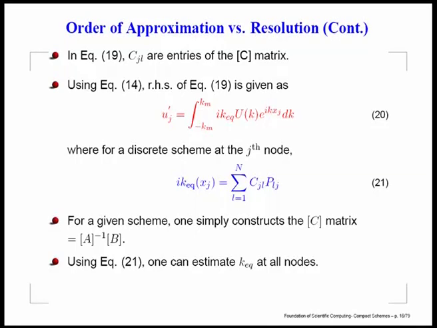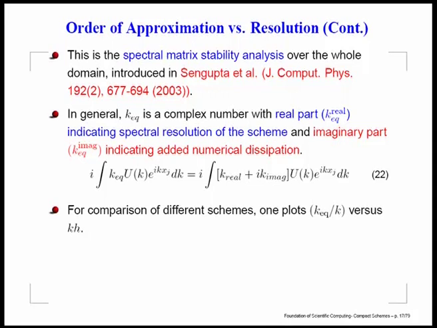If the C matrix is non-symmetric, then you can be rest assured that this will be non-symmetric, and you will have an imaginary part, and that can add to numerical dissipation. And if you are not careful, which happened to most of the people before we stepped in, we found that many of the schemes that are popular and used, instead of numerical dissipation, were having just the opposite effect. They were actually making the flow unstable.